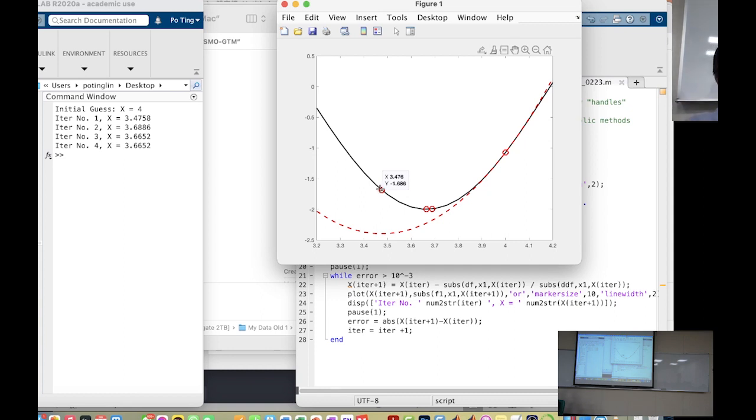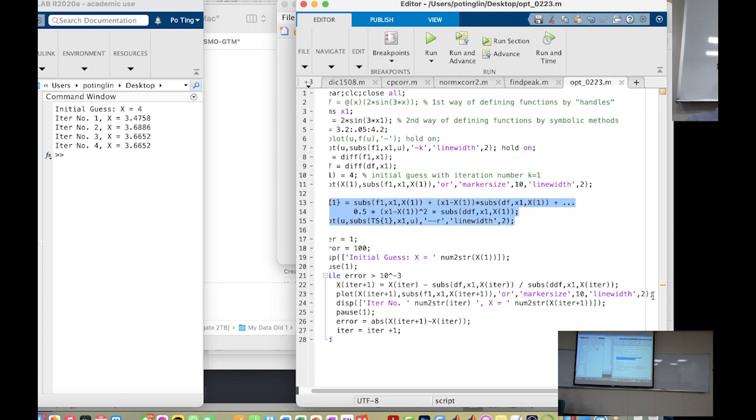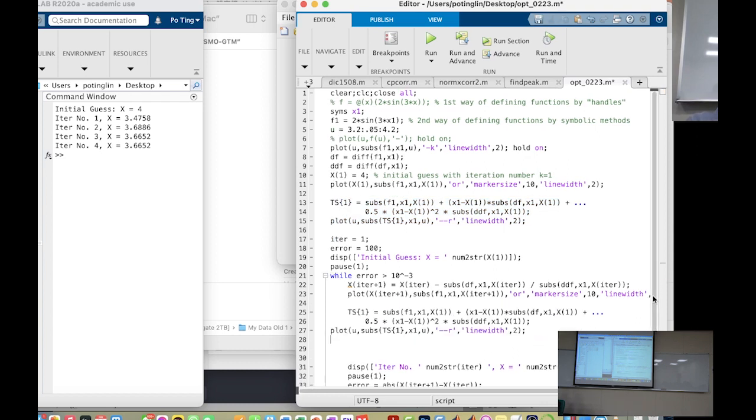Let's do it again for the second iteration. Basically, I copy the whole thing to here. But when I get here, I just replace it by iter plus 1.